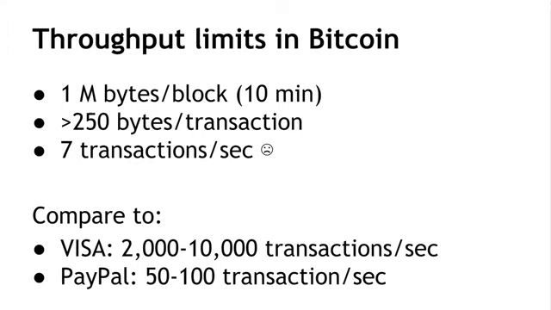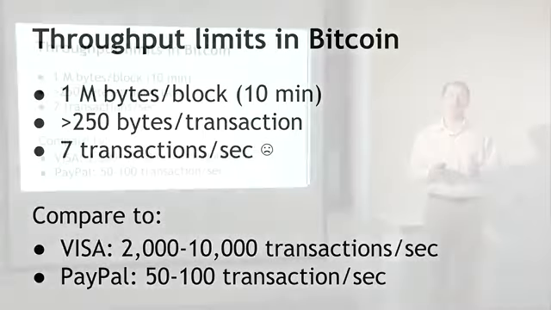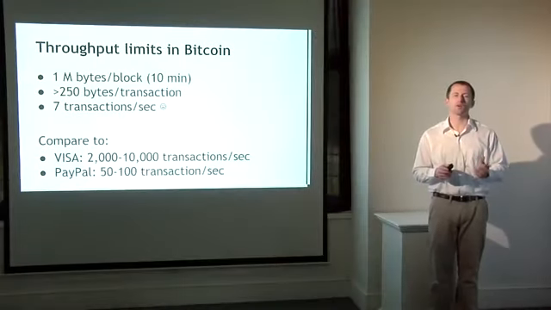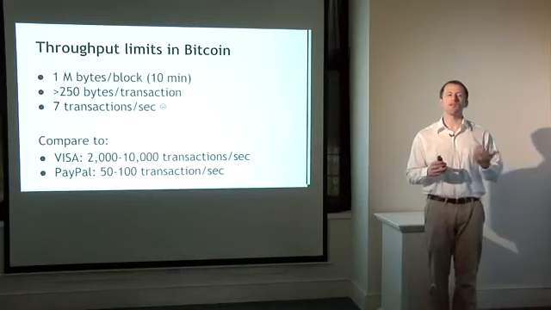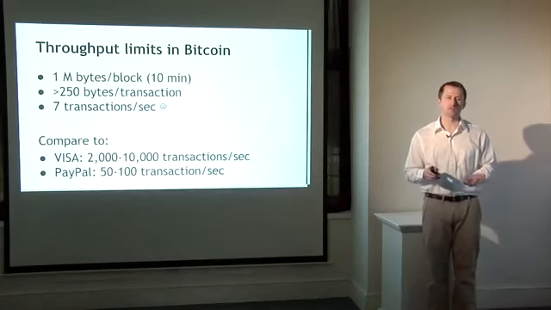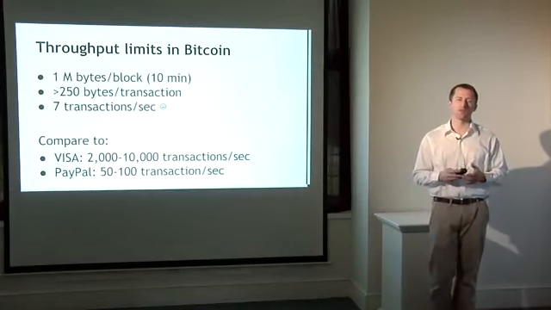Well, if you went down to the offices of Visa and told them I'm proposing a new payment system that can handle 7 transactions per second, they would probably tell you, that's terrible, and then they would laugh and throw you out the door. They've been working for a long time to build a payment network that goes way bigger than this. So it's said that Visa handles on average about 2,000 transactions per second around the world.